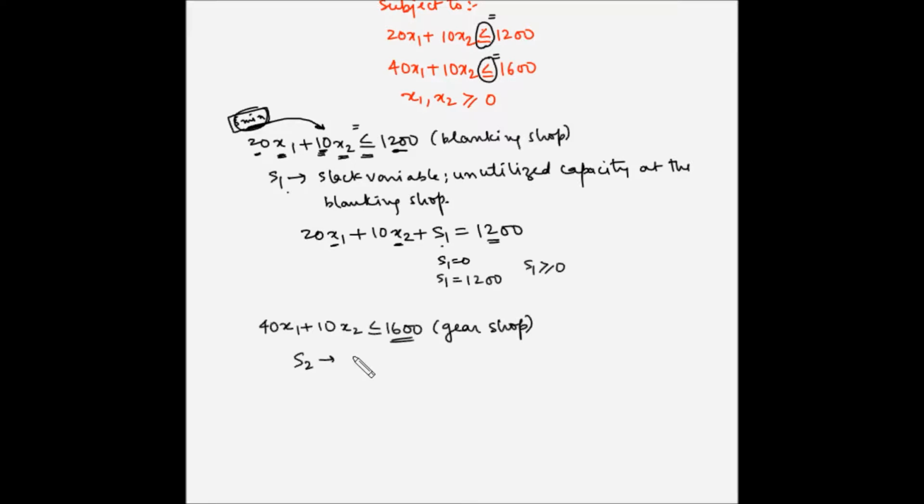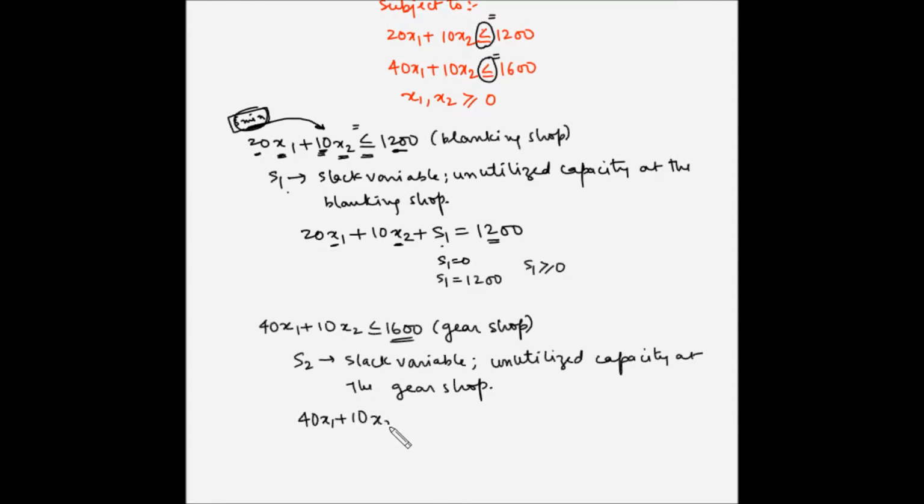So this is the slack variable which is representing the unutilized capacity at the gear shop. So now let's rewrite the constraint using the slack variable. So 40x1 plus 10x2 plus S2 is equal to 1600.